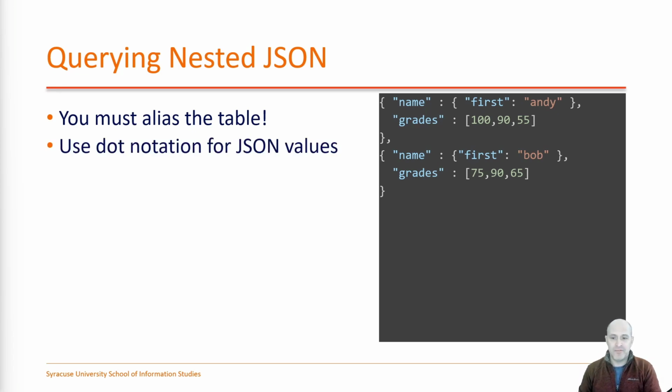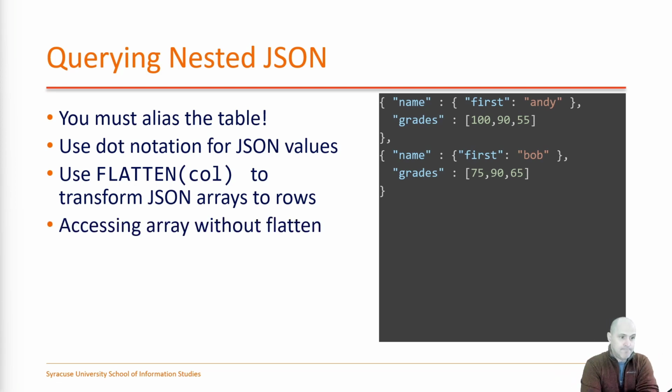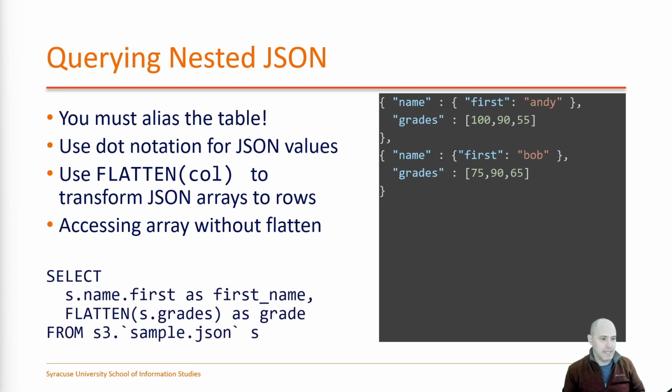Use dot notation for JSON values. There's a function called flatten, which does the same thing that the Spark explode function does, which will transform the JSON array into rows, pivot the arrays into rows. And this will get you access to the array row by row. Okay, so let's do a really nice example in a bit.